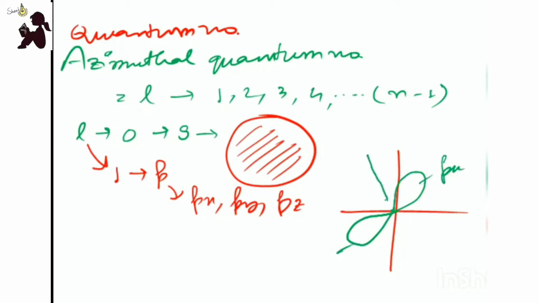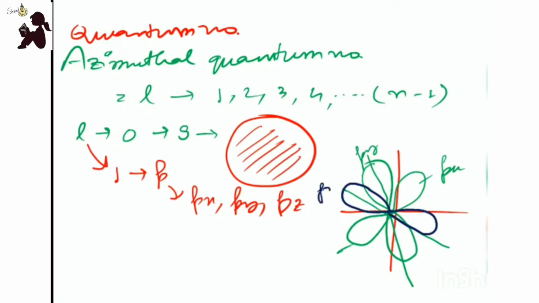Okay. So this is our py. And from here comes another. This will be our pz. Okay.